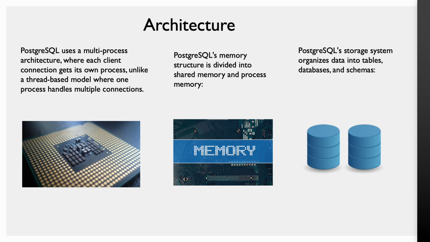WAL buffers, write ahead logging: write ahead logging records changes before they are applied to the database. Changes are first written to the WAL buffer, then flushed to the disk for recovery in case of a crash.